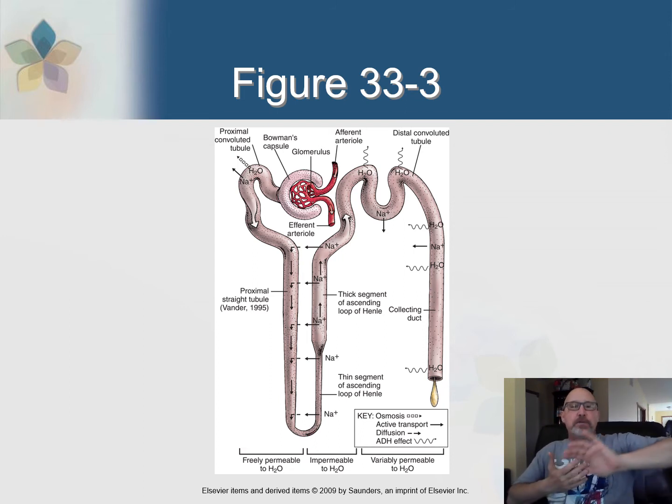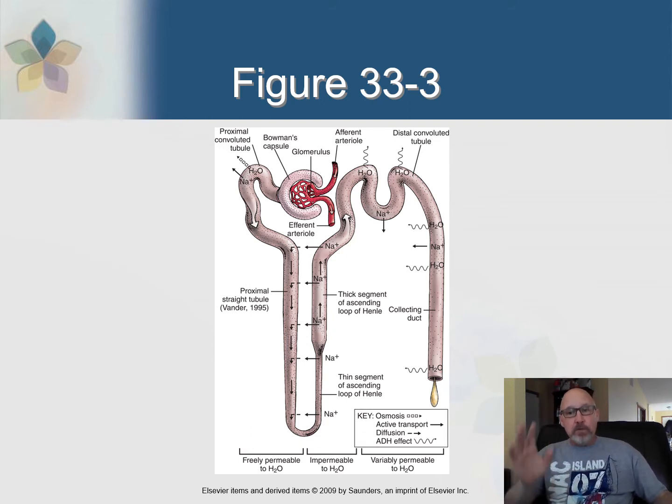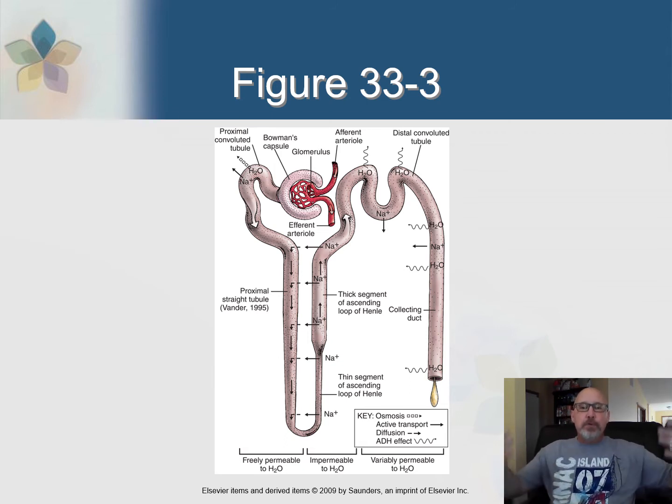It doesn't let the fluid go back into the bloodstream. So it draws off the water, which can be very, very potent diuretics. Osmotic diuretics are very potent, because diuretics make you urinate, make you lose water, right? That's why ADH, antidiuretic hormone, helps you retain water.